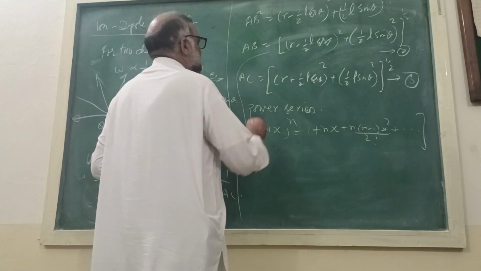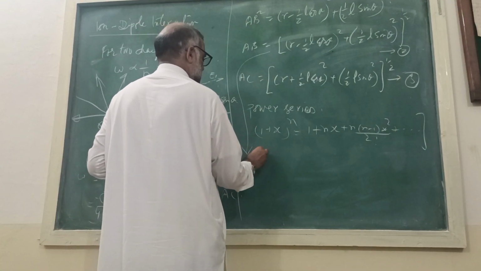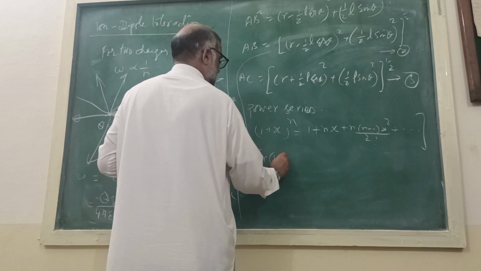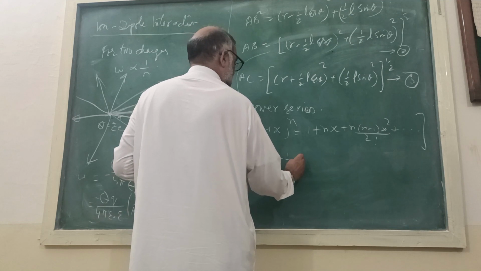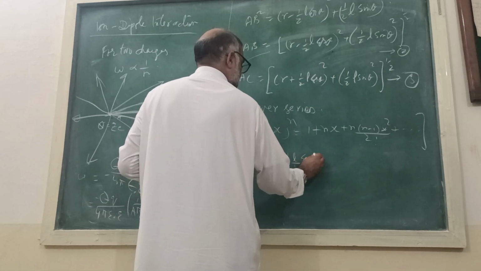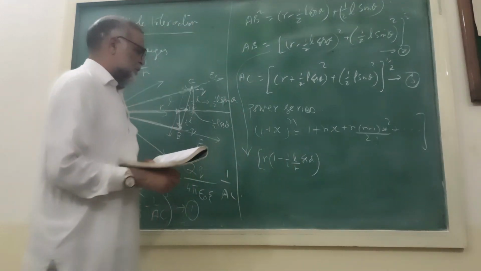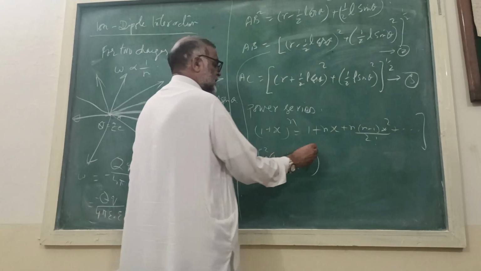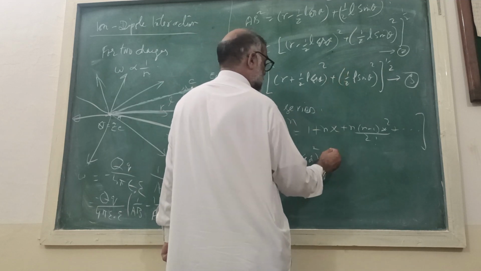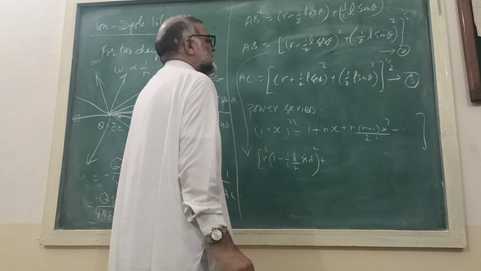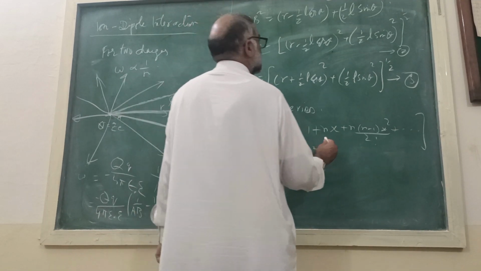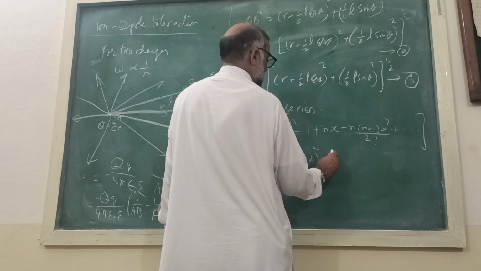That's it. So that becomes 1 minus 1 over 2 L over R cosine theta, हाँ? And plus 1 over 2 delta. So then, that's what you can get. सही ना?